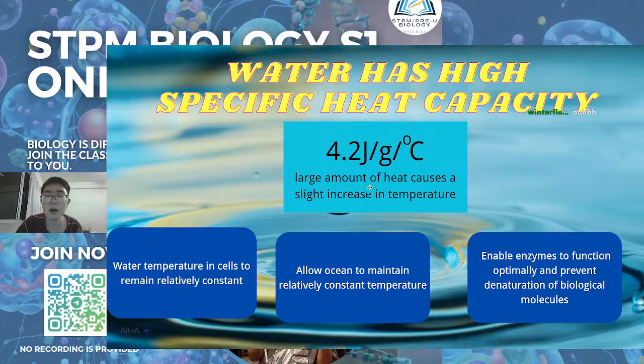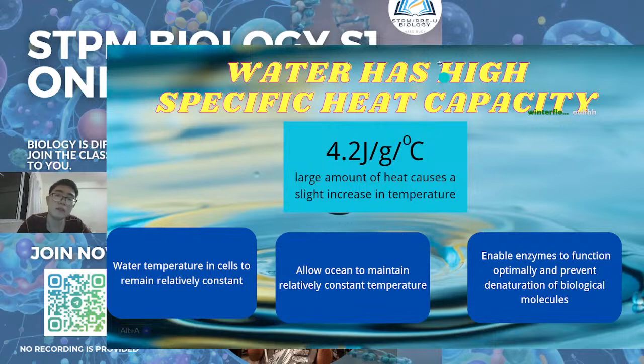So oil and alcohol actually have low specific heat capacity, but water has high. When you boil water, if you open a very big fire, it normally takes about 5 minutes to boil. So it already requires a large amount of heat.